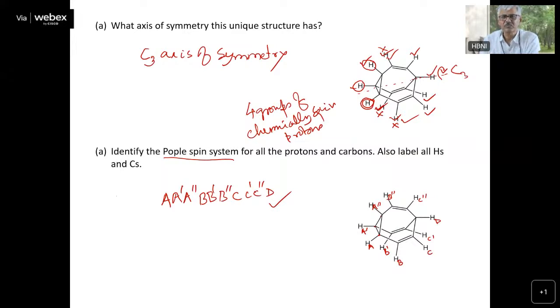Then you should see which groups of protons are chemically equivalent. After doing that, you should see how their couplings are related to different protons. If the same chemically equivalent protons have different coupling constants to the protons of other groups, then they will be magnetically non-equivalent.